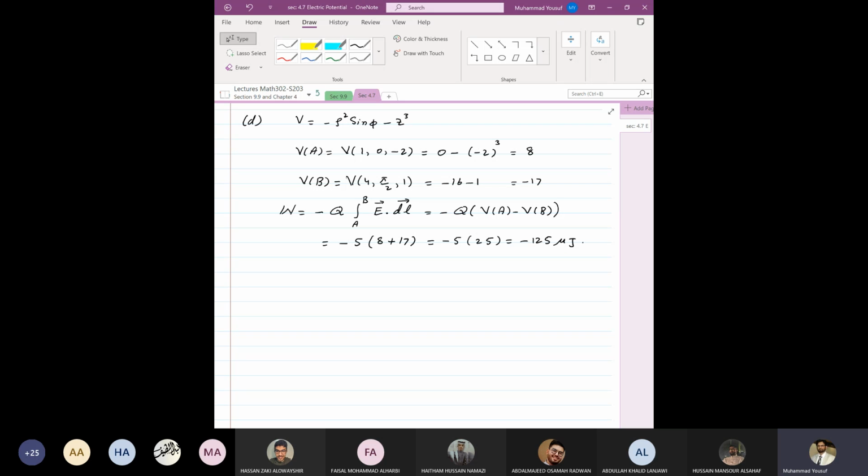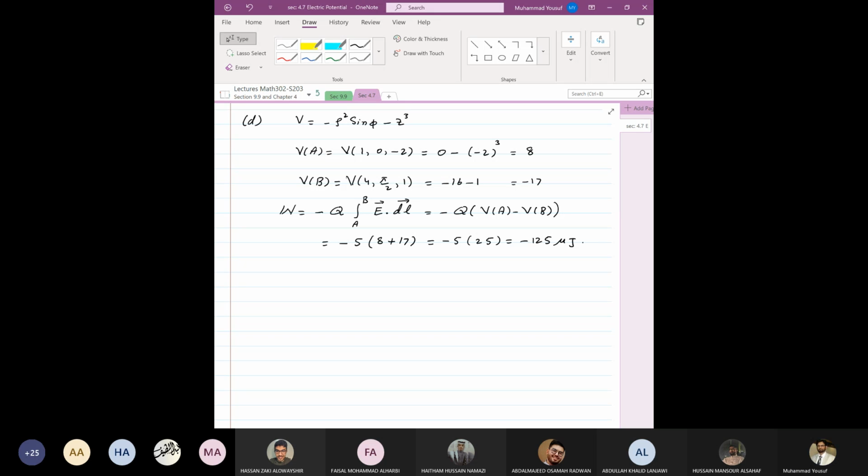You may have some problem to do in spherical coordinates. You need to remember these things: we have the electric field, we find the potential function, use the fundamental theorem, and evaluate. That's it. Nothing more, nothing less.